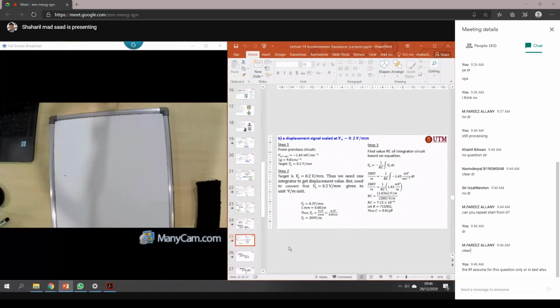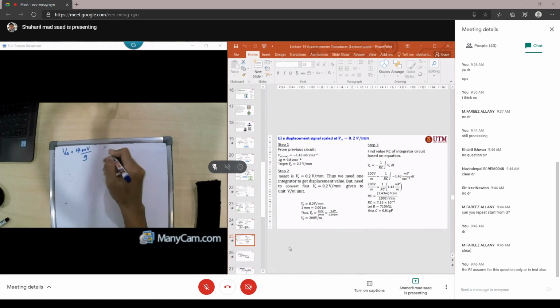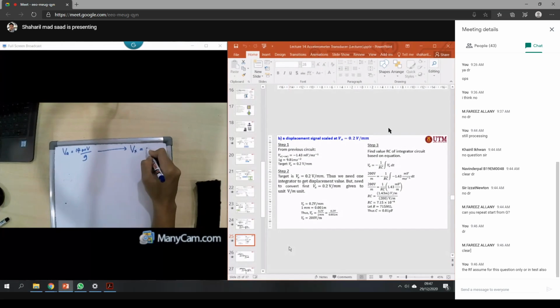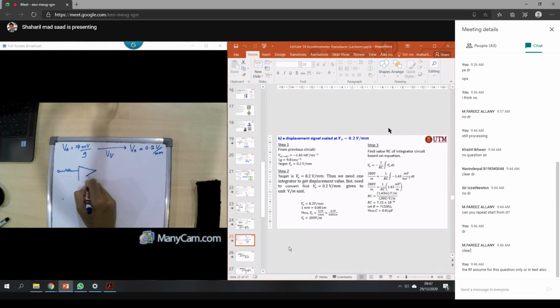So now let's proceed. The next question asks you to find the displacement, given VA equal to 14 millivolt per g, and Vx equal to 0.2 volt per millimeter. In order to get the displacement, you should get the velocity first. We already got the velocity from the first question.